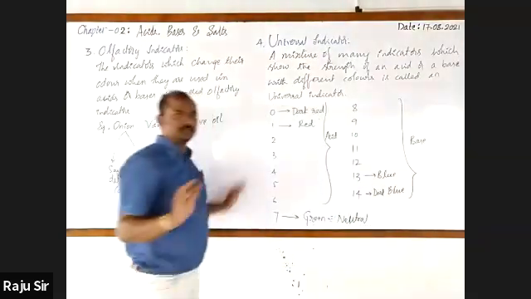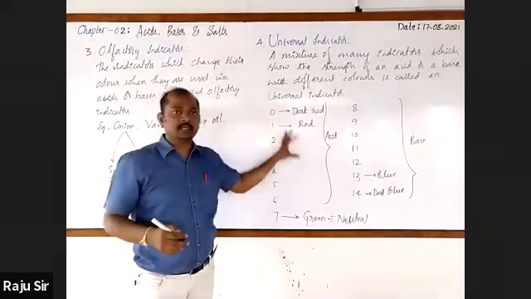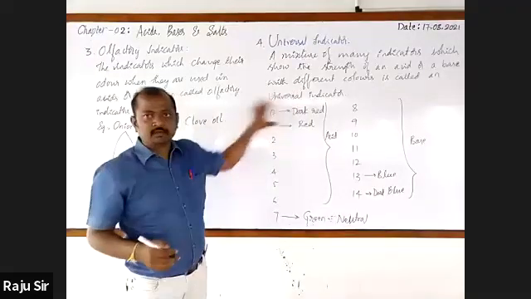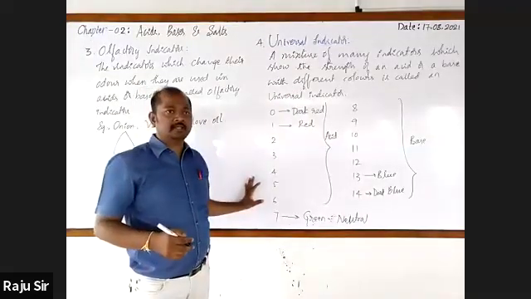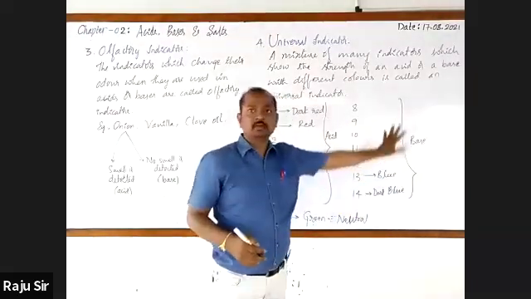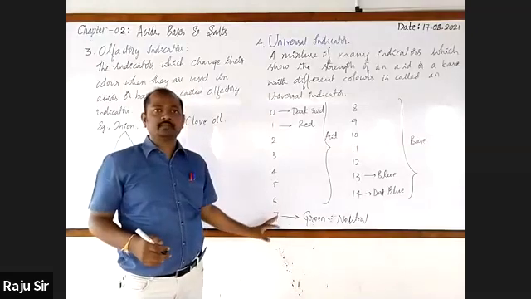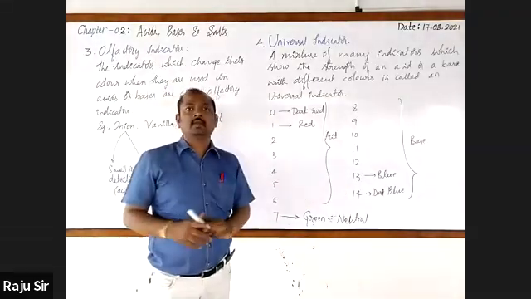This is one piece of information. If it is red color, the compound is acid. In the universal indicator, if it shows blue color, it is base. Then green color, it is neutral.